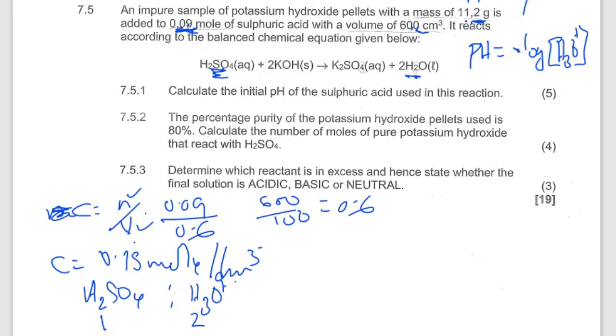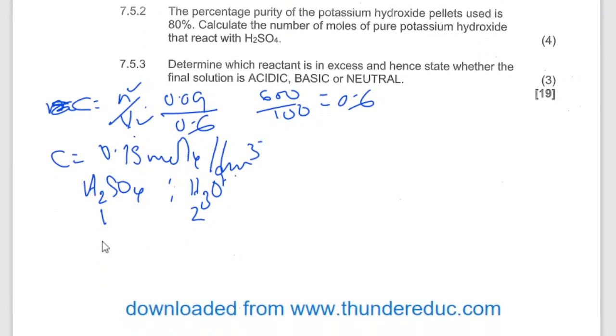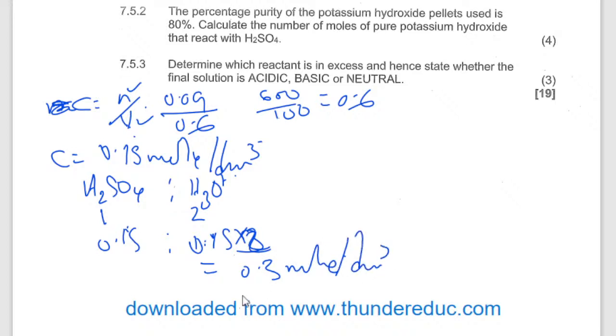So if I have 0.15, for them to be 2 is going to be 0.15 times 2, which gives me 0.3 moles per decimeter cubed. So that's the concentration in that regard.